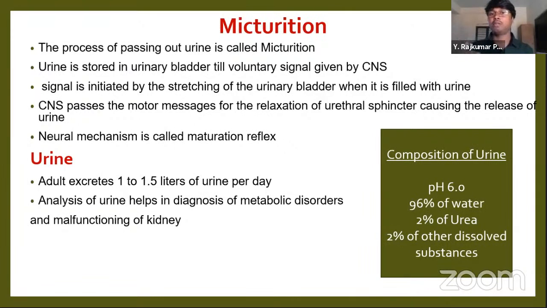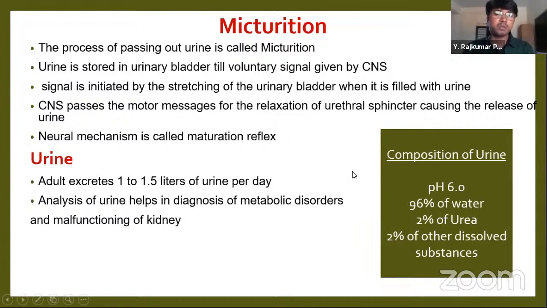The primary urine is formed by the glomerulus, isn't it? From the glomerulus it filters into the Bowman's capsule. That is actually 180 liters, but the primary urine is mostly reabsorbed, 99%. Only 1% is released every day, that is around 1 to 1.5 liters of urine. See how well our kidney functions.